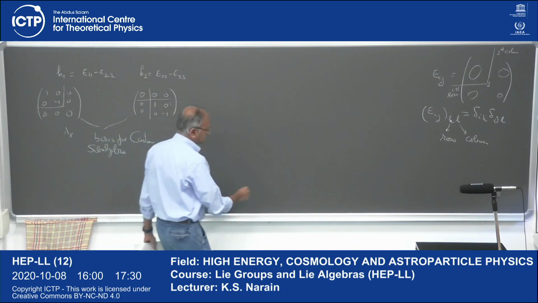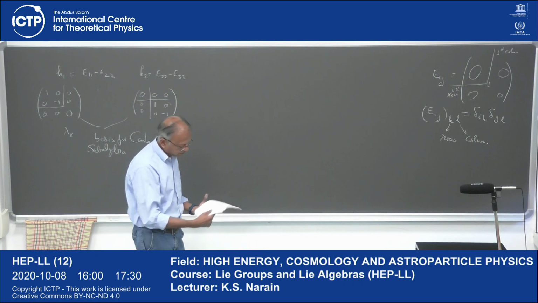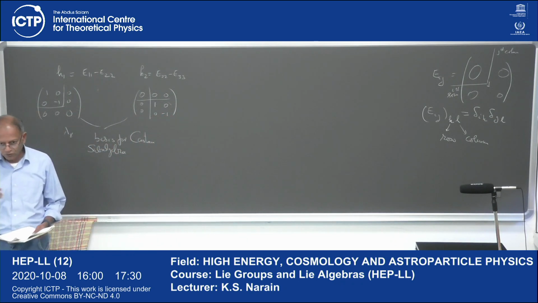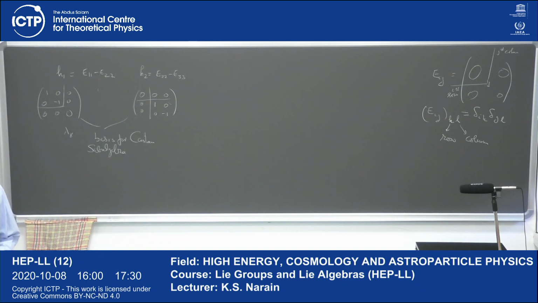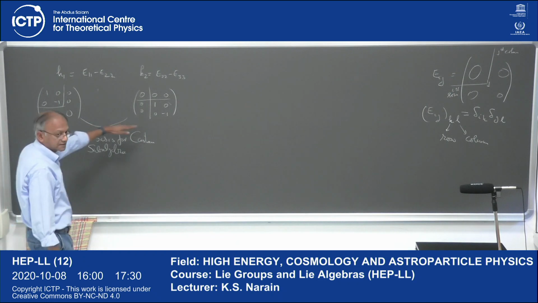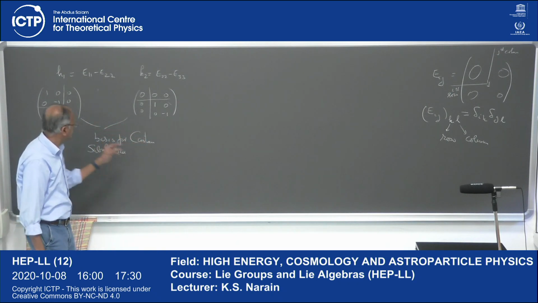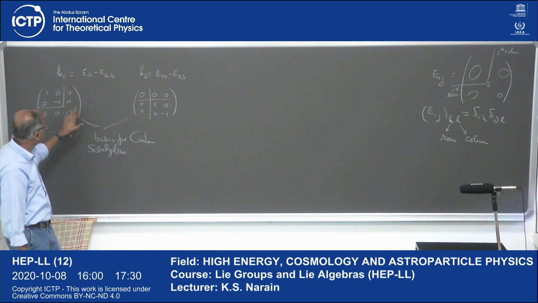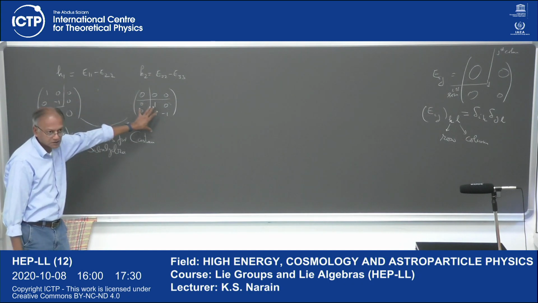Then the remaining guys I will write. The remaining six of them, we could find combinations which were eigenvectors of these, right? Eigenvectors of the adjoint representations of these two generators. Actually, we were using lambda 8, but since lambda 8 is a combination of these two, you can equally well talk about the eigenvectors with respect to these two.